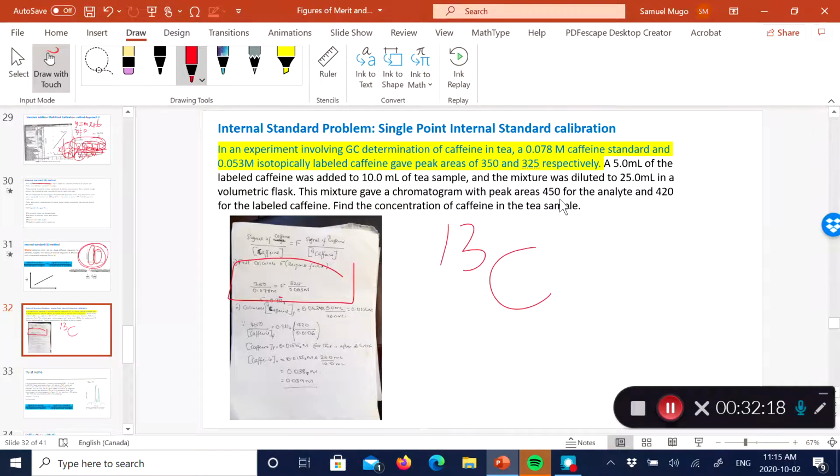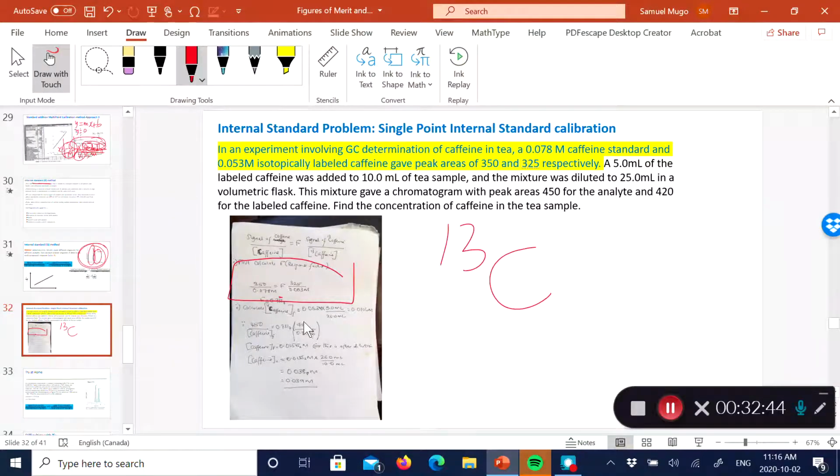Take note of this. You get 450 as your area for the analyte in the tea. And then you get 420 for the isotopically labeled caffeine that was spiked in the tea. You just need to substitute them into the equation again. You got the 450, that's the analyte peak.